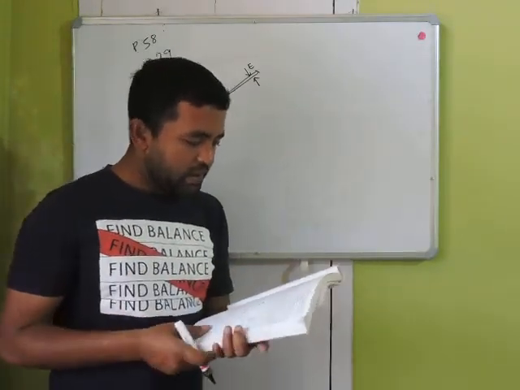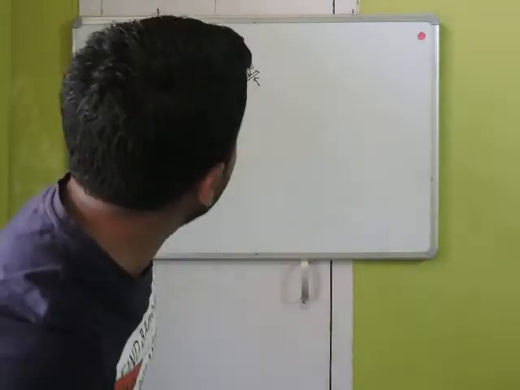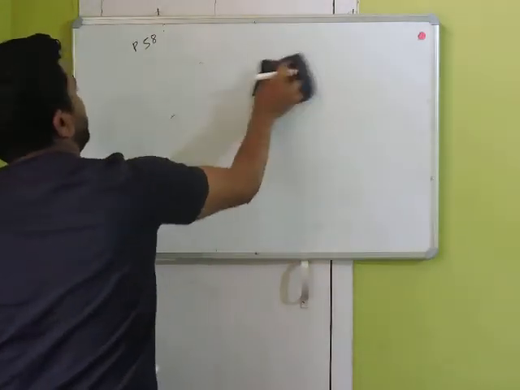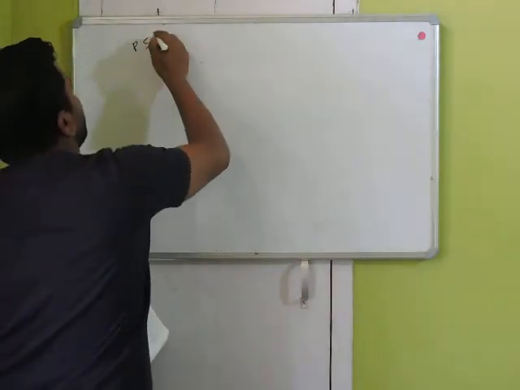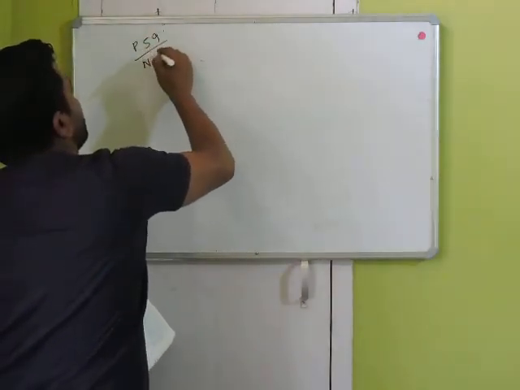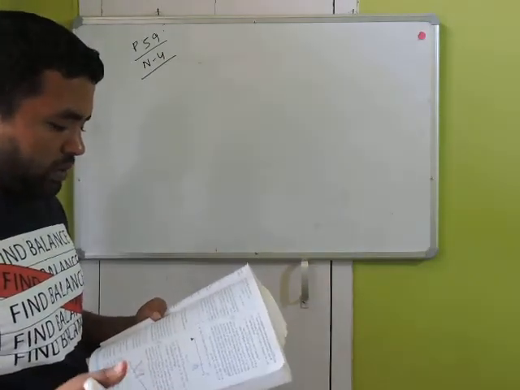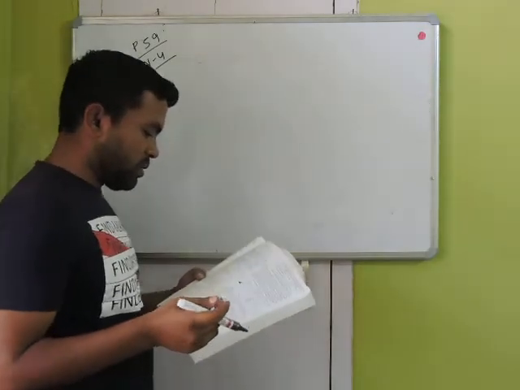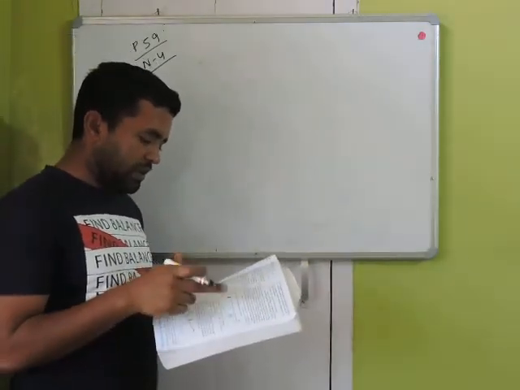Now let us see the next numerical 4, page number 59. To which class does this lever belong? So you can see F is in between, class 1, answer is given, EB is given.